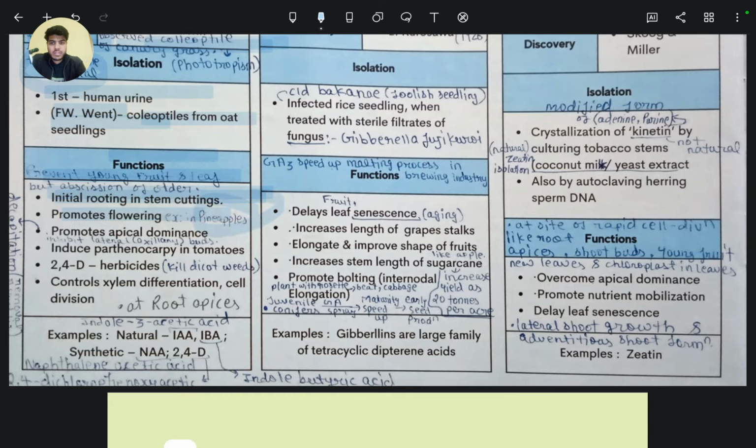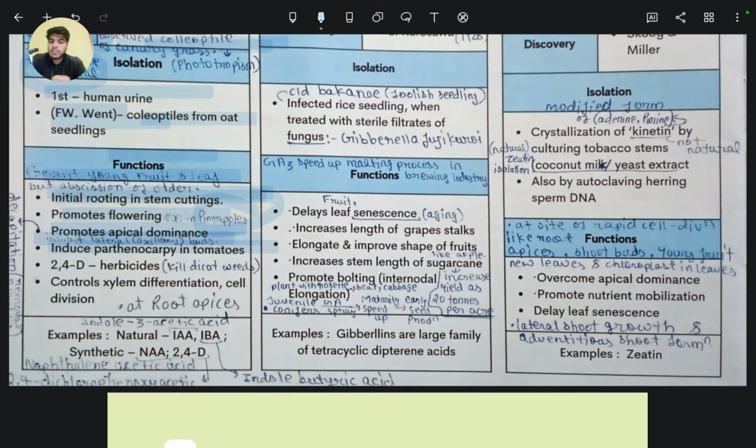It promotes apical dominance, or the dominance towards increase in height. Apical dominance is controlled by decapitation, or the removal of the tip of the plant. Due to apical dominance, lateral buds in the plant are inhibited.